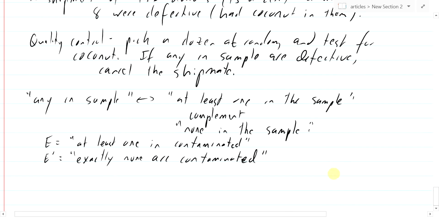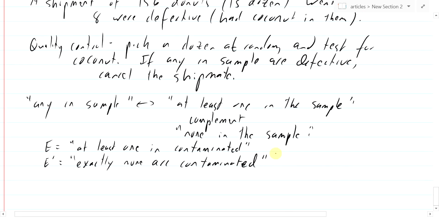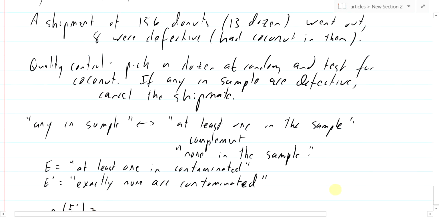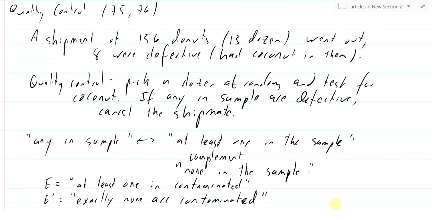Great. So, how can we calculate that? Well, how many samples can there be with no contaminated donuts? Well, we're picking 12 donuts. What is that? Pick a dozen at random.